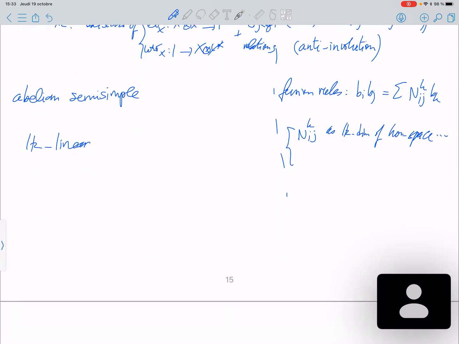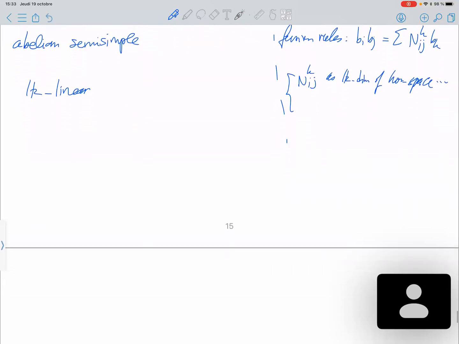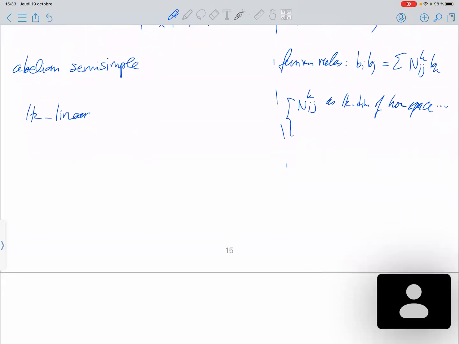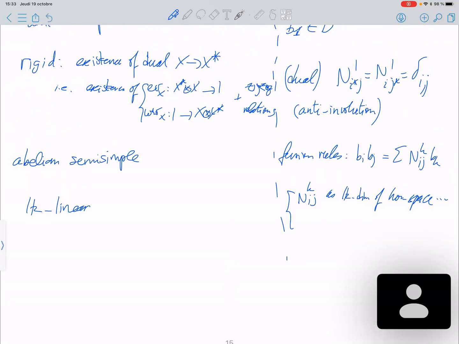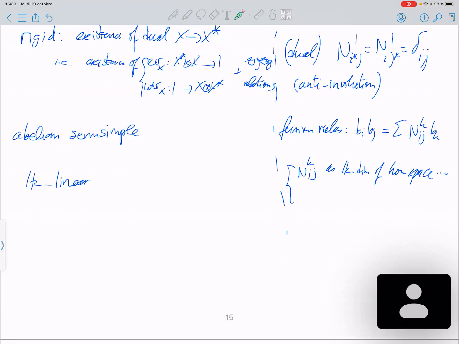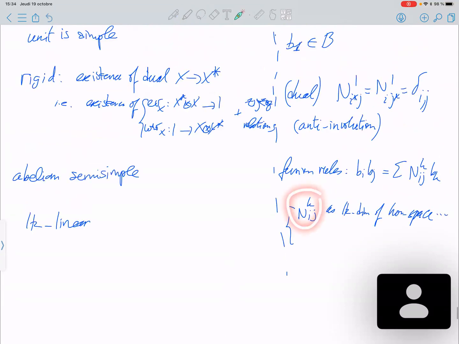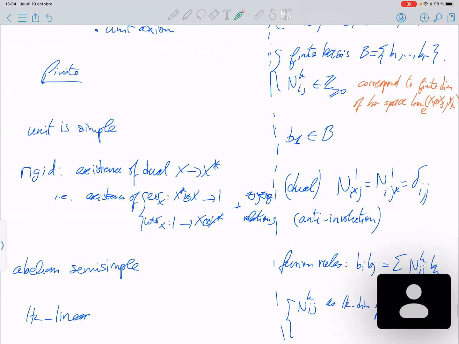K-linear, in particular, means every Hom space is a vector space, so you have this K-dimension for this Hom space here.